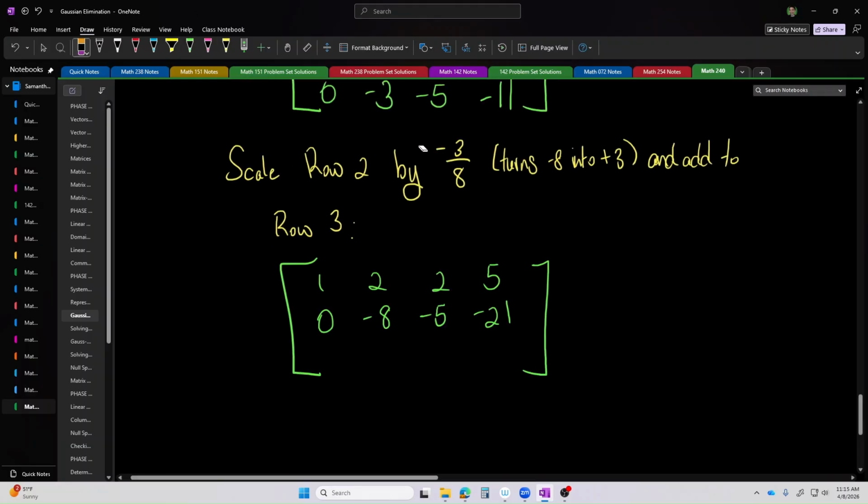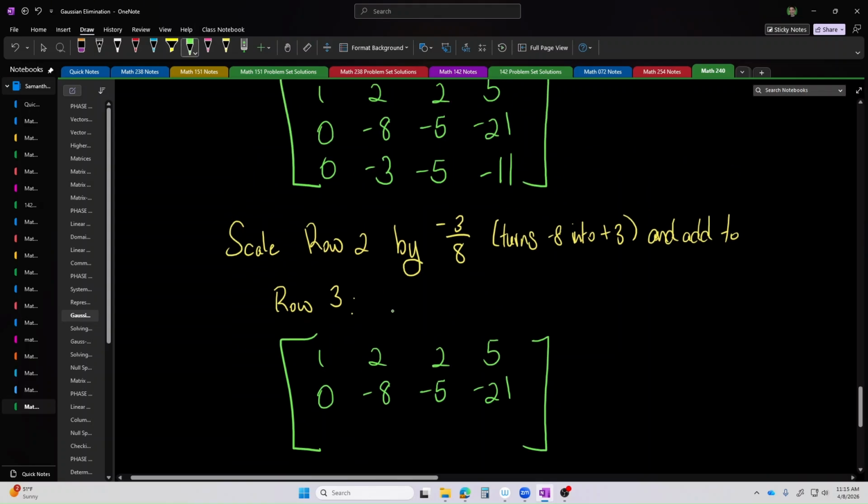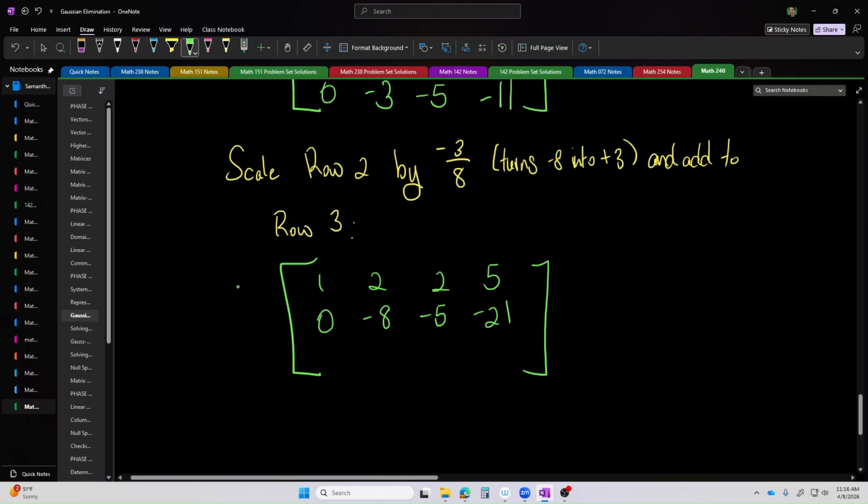So first of all, if I perform this process on the first entry in row number 2, if I take this 0 and I multiply that 0 by -3/8, then it's still going to be 0. And so when we add it into row number 3, it's not going to have any meaningful effect. There's still going to be a 0 in this position.